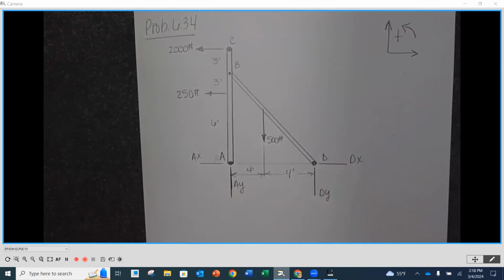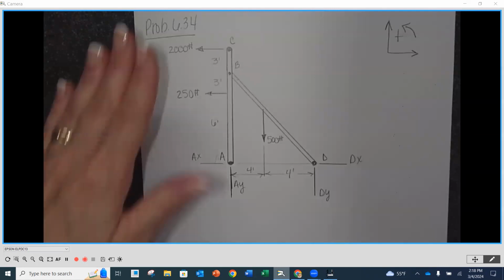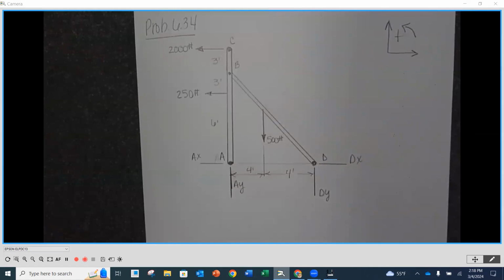Remember, we don't want to get too hung up on whether they are in the right direction or not. They don't have to be correct, because our final answer will always let us know if we assumed the correct direction. And if we didn't, we just change it. No biggie. But we have to have forces there, so recognize them. Because there are pin reactions here, there'll be an X and a Y at both A and D.